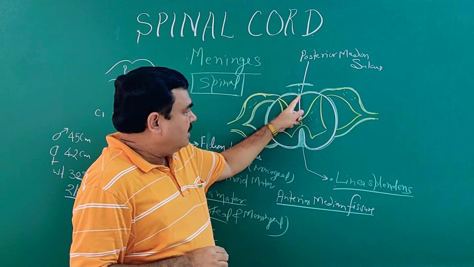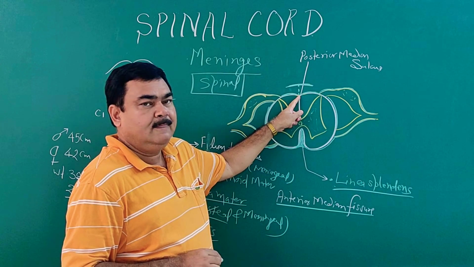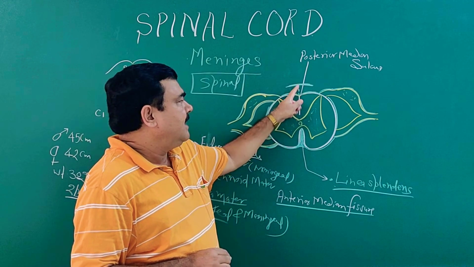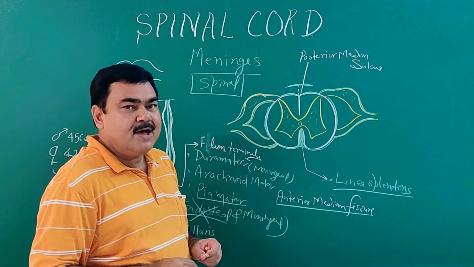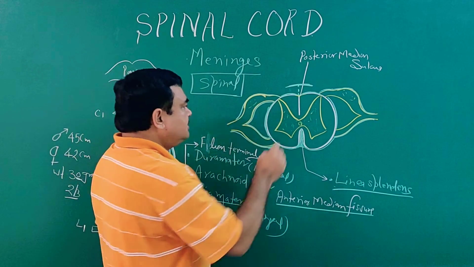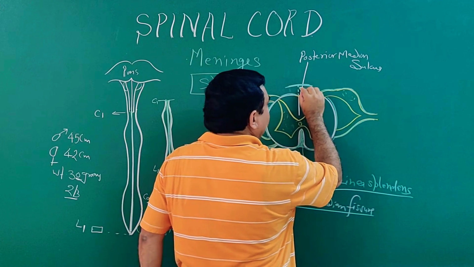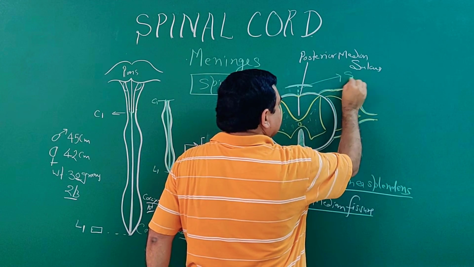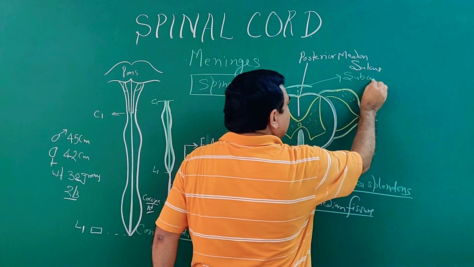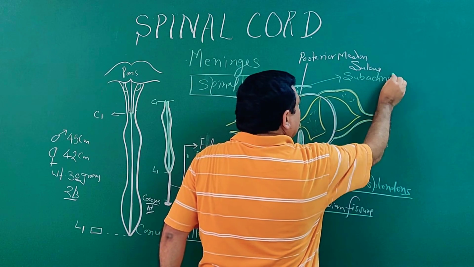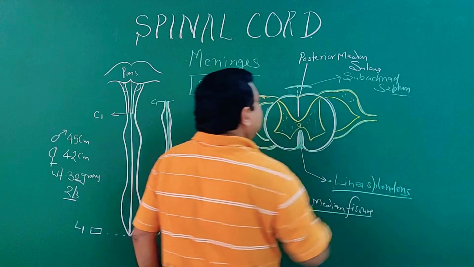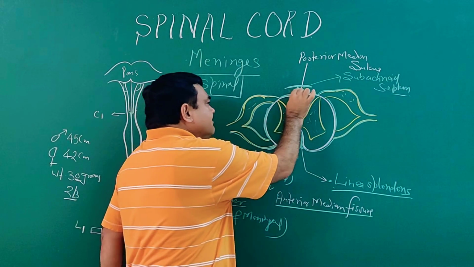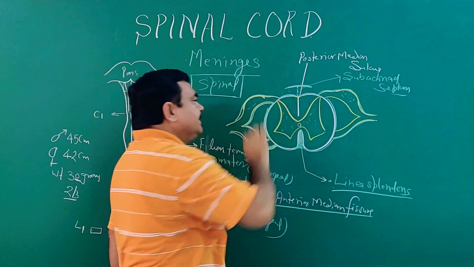From the arachnoid to the posterior median sulcus, it forms a fenestrated subarachnoid septum. This septum is fenestrated. It has small holes or small openings.